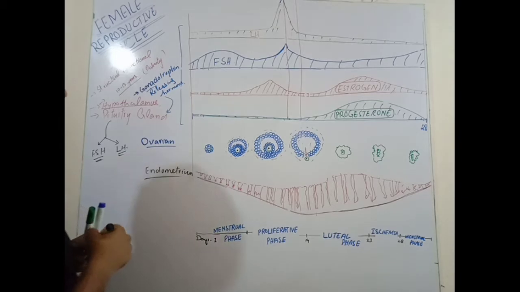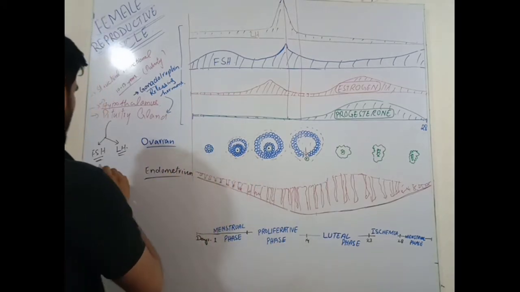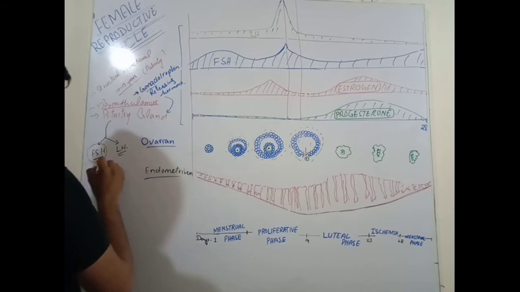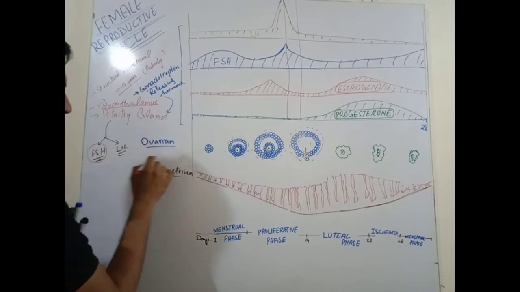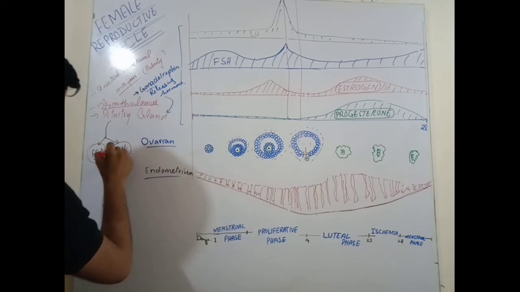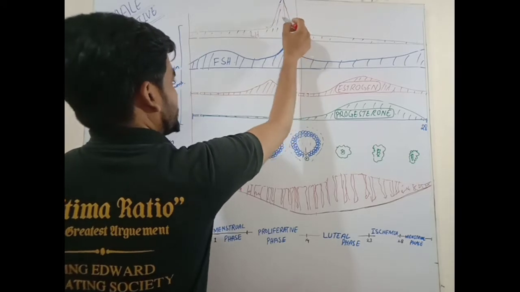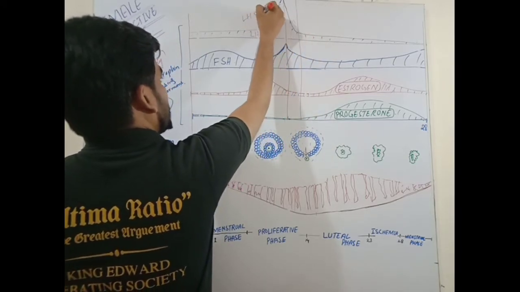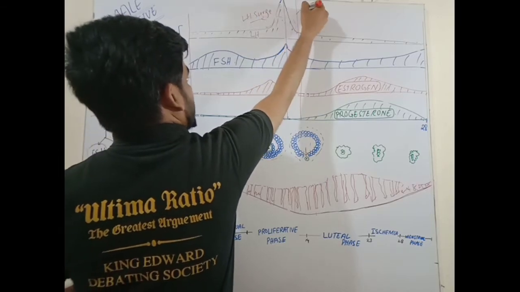FSH is involved in the initial development of follicles in the ovary, meaning follicular development is done by FSH stimulation, and further development of the follicle and ovulation is done by the LH surge. This is the LH surge. After that surge, ovulation occurs at that point.